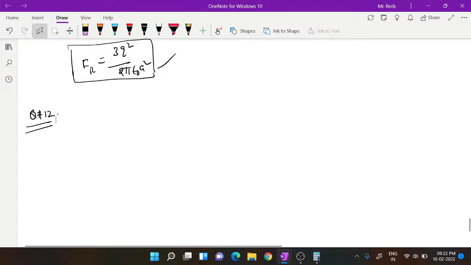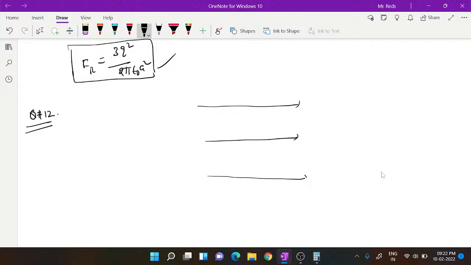Let us consider a uniform electric field of strength E. A uniform electric field can be represented with equidistant lines.